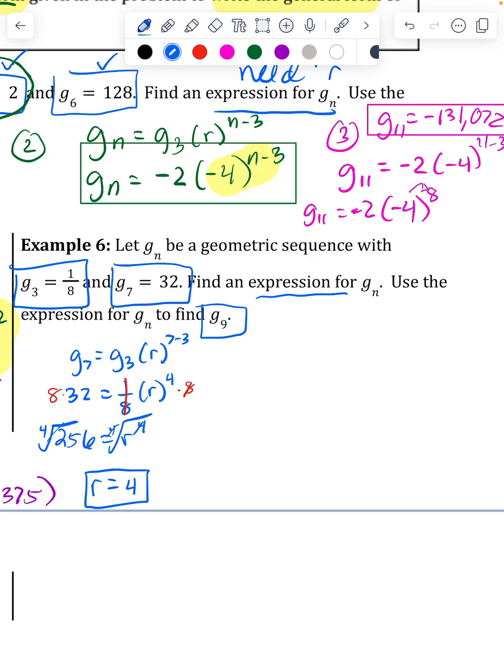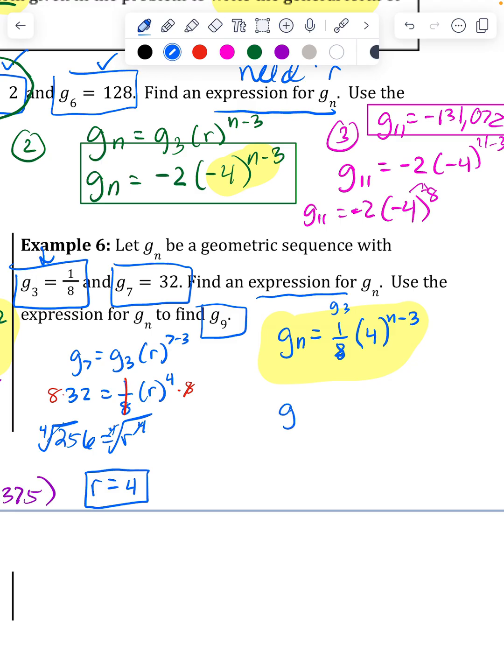Alrighty. Then I can write my general equation to get any term, and I'm going to pick G3 as a starting spot, 1/8, and then my R is 4, and if I'm at G3, this is going to be n minus 3. This is now my general formula.